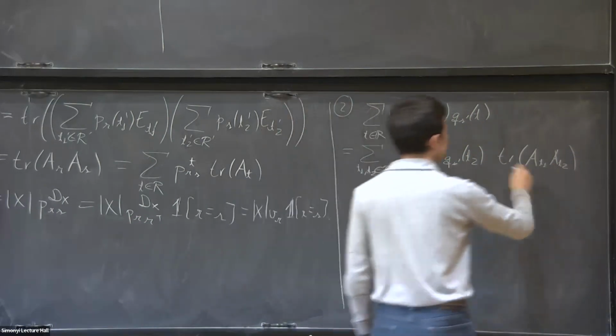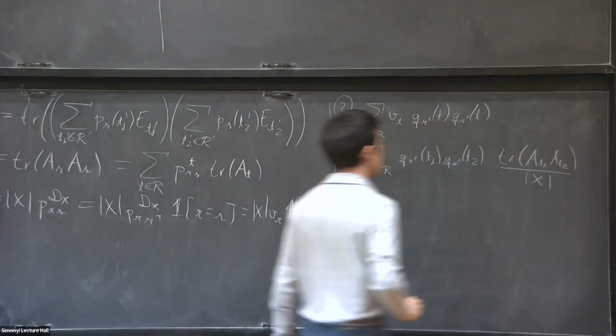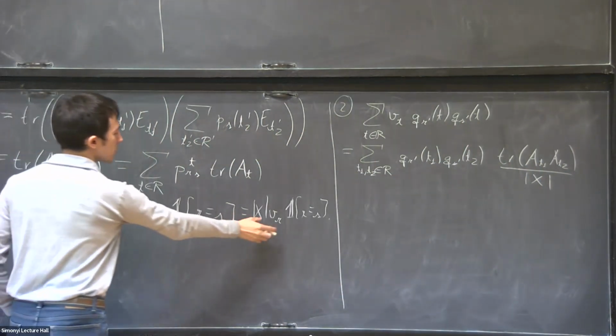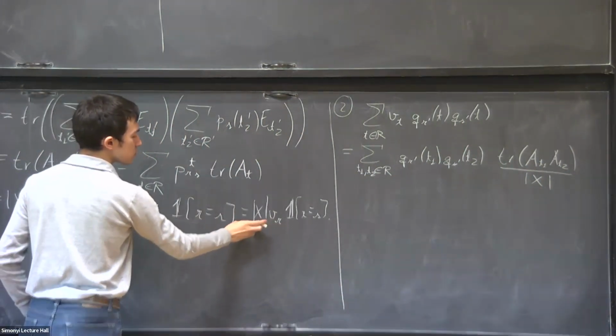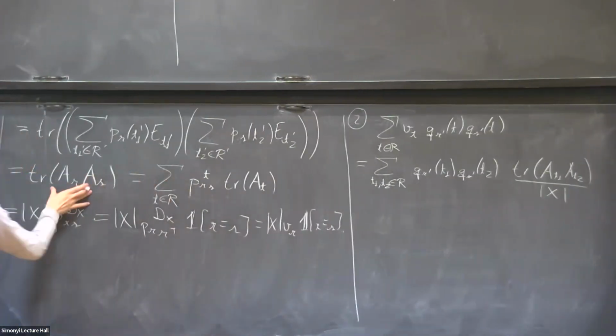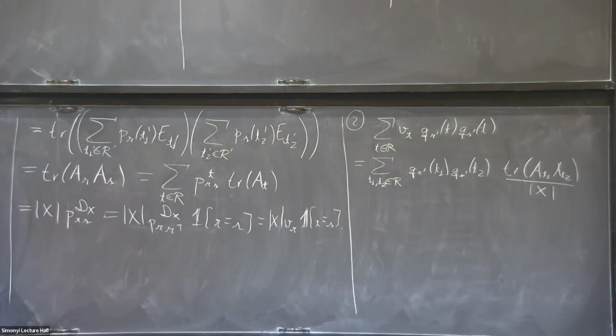So I think I'm missing 1 over X. Okay, so this is sort of the last step backwards. If you do X V_R, you trace it back and you get to here. So this is the last step of the previous one backwards.